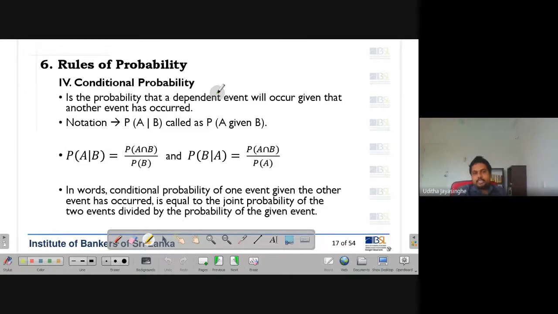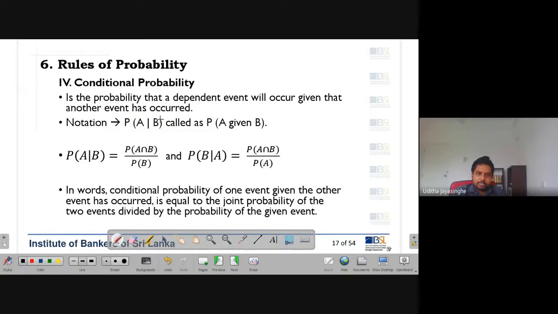The first thing is the notation. It is going to be something like this. There is this straight line, this dash. That is the sign that denotes we are talking about a conditional probability.